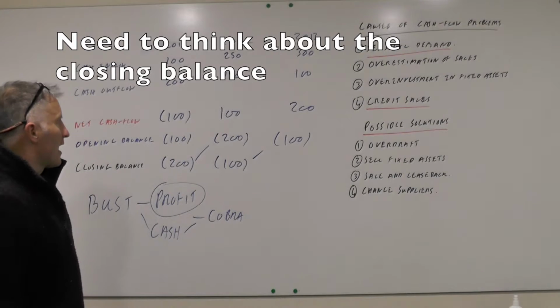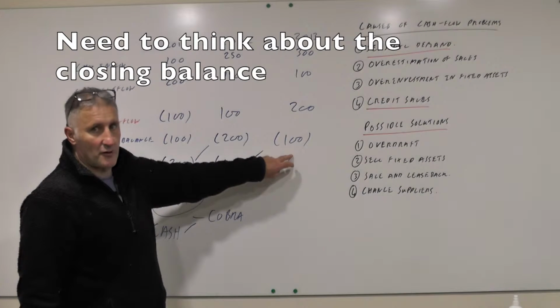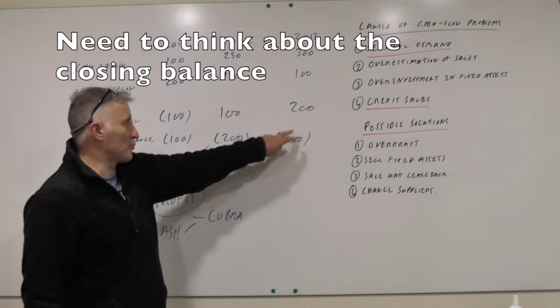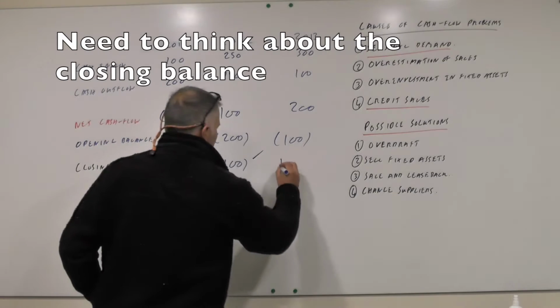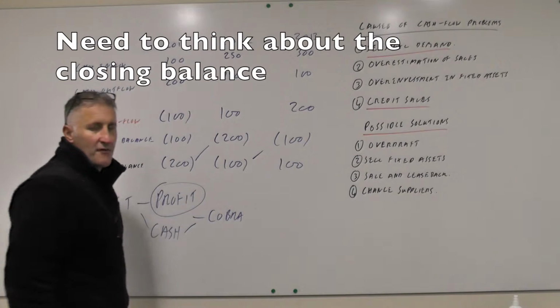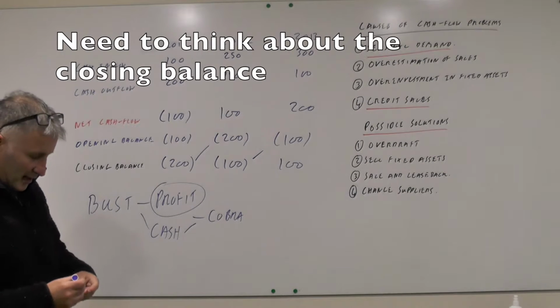Okay. And from there, we got £200 plus. Add that amount, but it's a minus, so it's 200 minus 100. So at the end of that period of time, we have £100 in the account. Now that is a cash flow that's getting better.